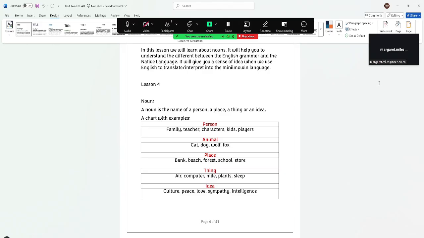We said that the words of Ininiimowin language are grouped into different classes or parts of speech. The main classes are nouns, verbs, pronouns, and particles. Nouns typically refer to persons, places, spirits, animals, plants, and physical objects in the world.